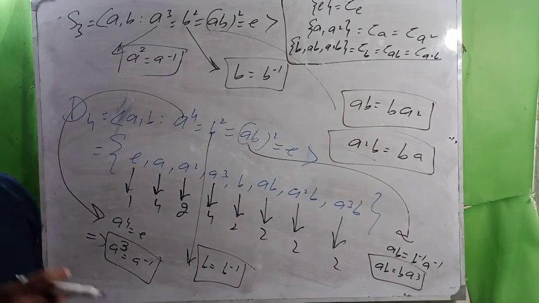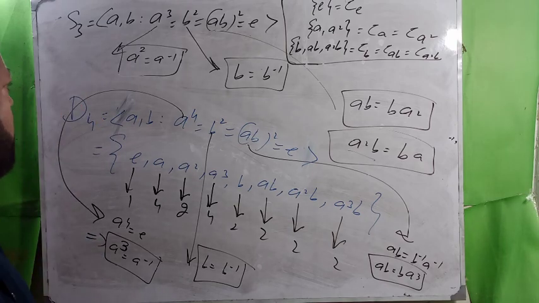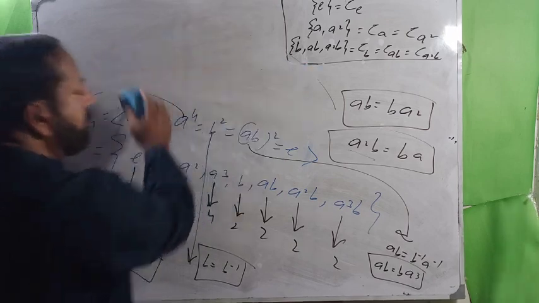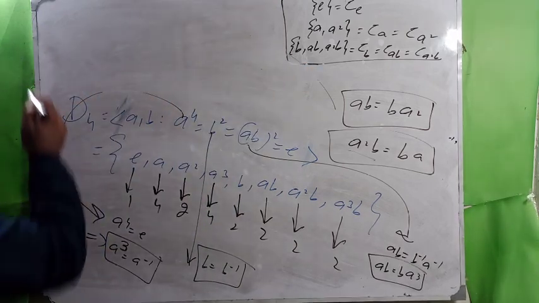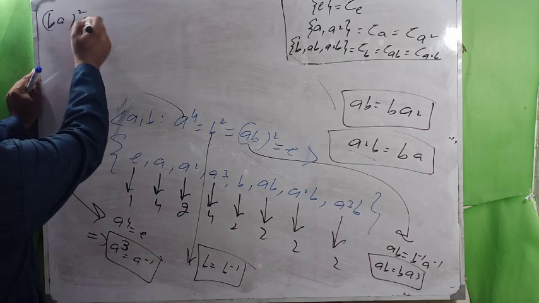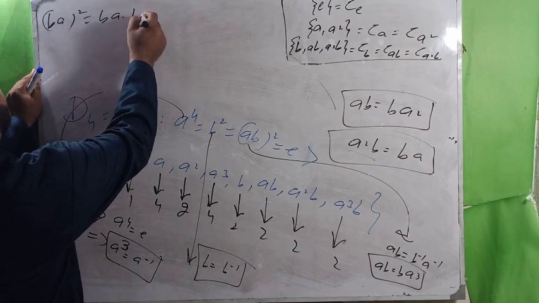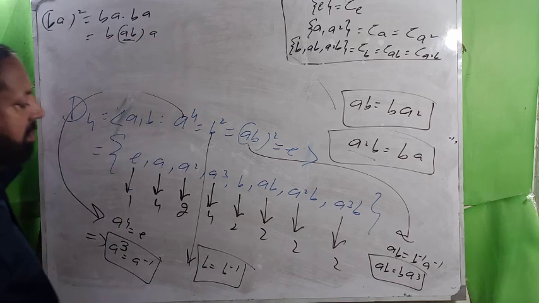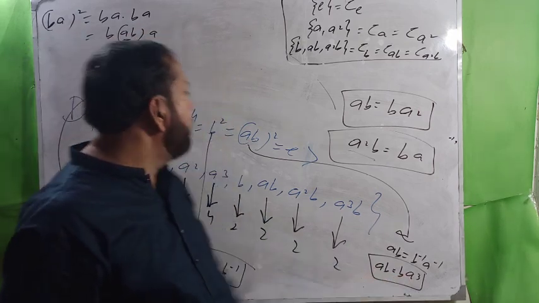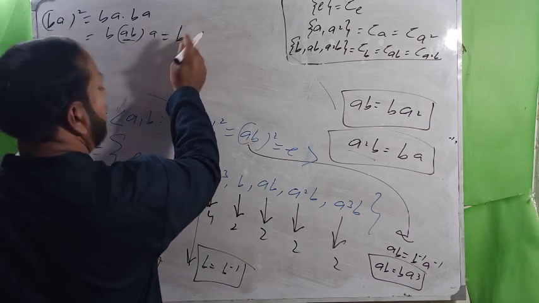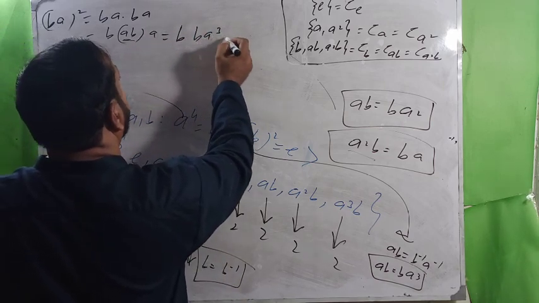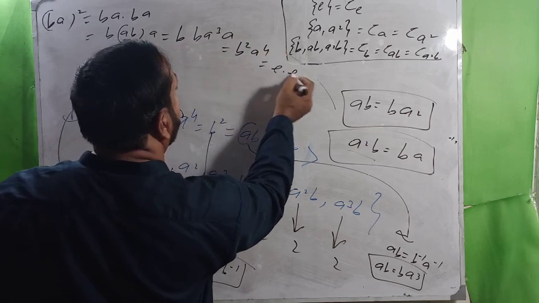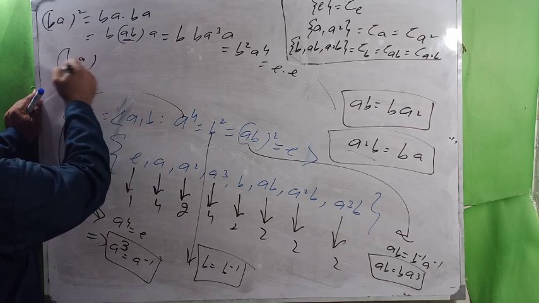Similarly, the other conditions you can establish: BA square. This is BA into BA. What is this AB? This AB is BA cube. This is equal to BA cube A, and this is equal to B square A4, which is E.